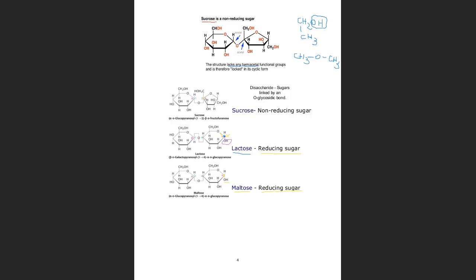Why is that? Because there is only one reducing group over 2,000 or 5,000 monosaccharide units. So the Benedict test is going to be negative. Very good. So all the complex carbohydrates, like starch, do not react with the Benedict's solution.